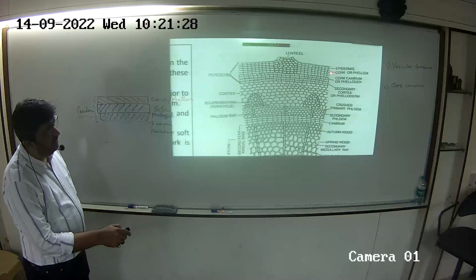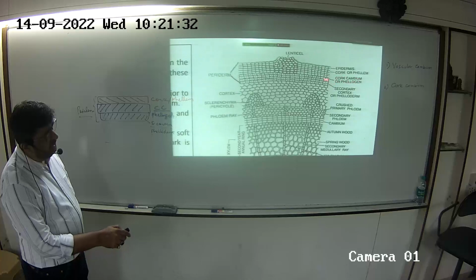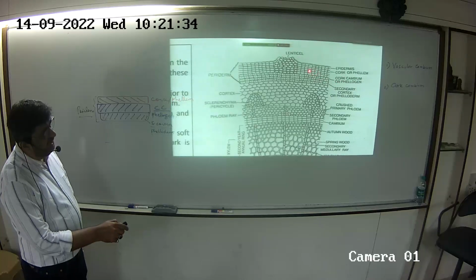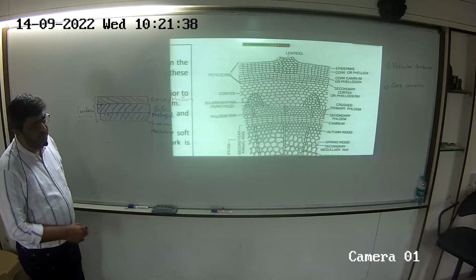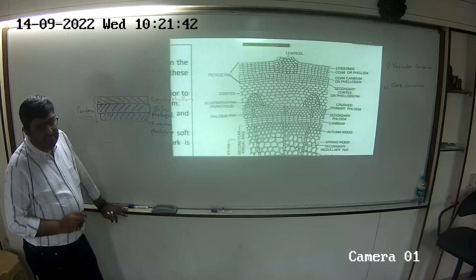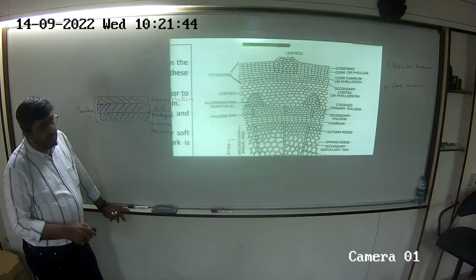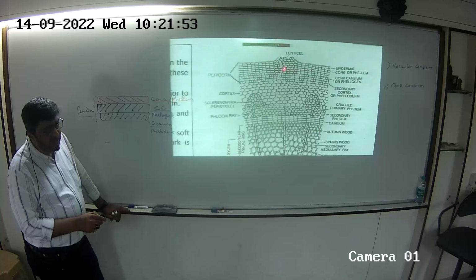talking about this layer. Cork cambium on the outer side, is it giving rise to cork? Yes. What is cork also called as? Phellem. But, right, in some places, not everywhere, the kind of cells which is given out by cork cambium is slightly different. Can you see difference in this type of cell and this type of cell? Yes.